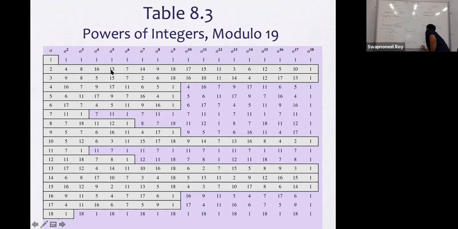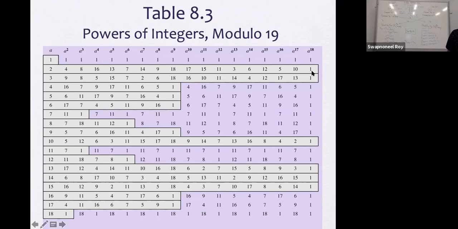Then we have 2 to the 6 mod 19 equal to 64 mod 19. 3 nineteens are 57, so that would leave a remainder of 7, which is why it is 7. And this way we go up to 2 to the 18 mod 19.